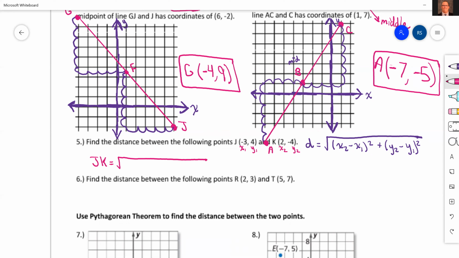I'm not really kidding. We're finding it. Sorry. So x2 minus x1. 2 minus negative 3 squared plus y2 minus y1, which would be negative 4 minus 4 squared.